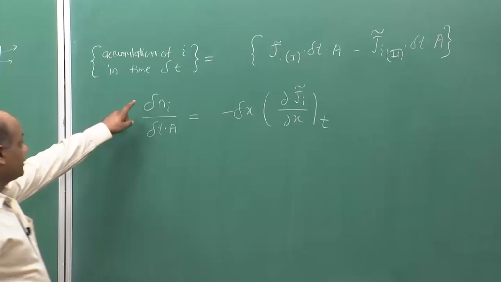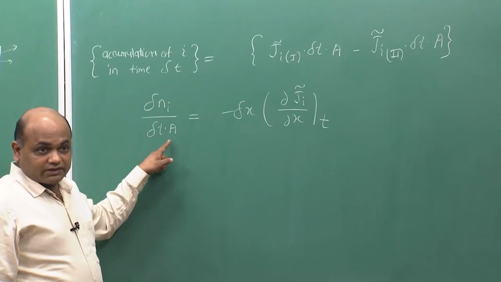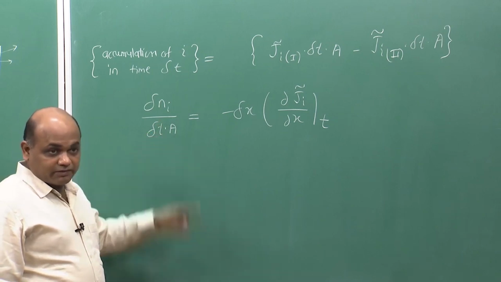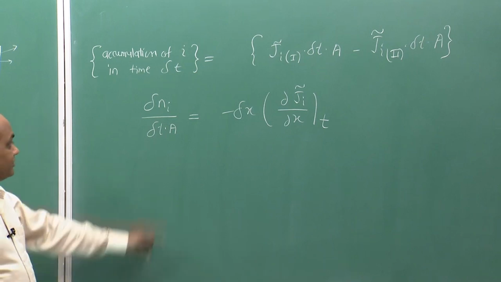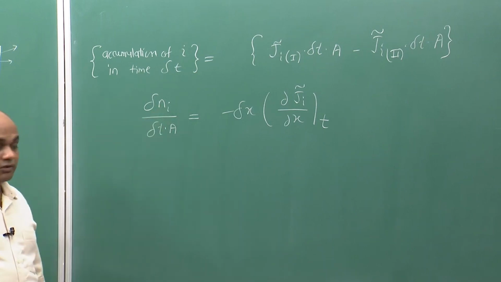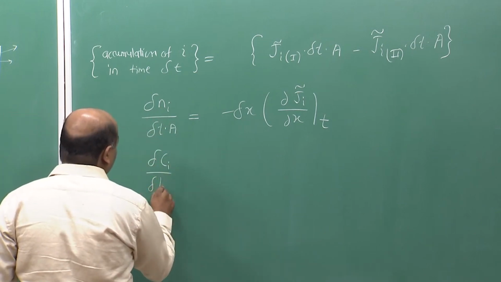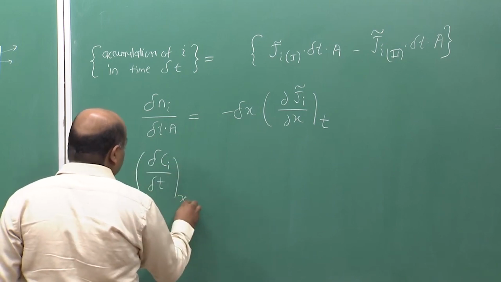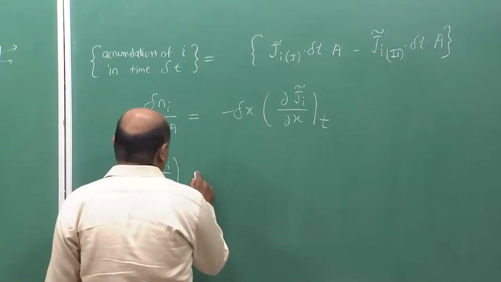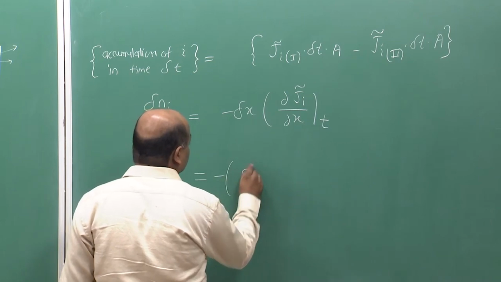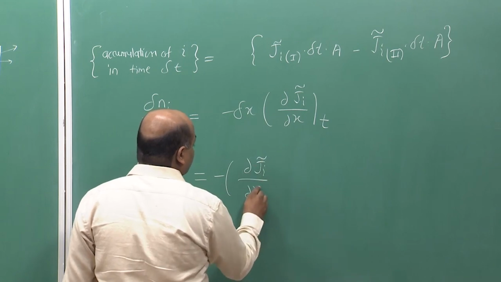So, delta n I by volume is nothing but the concentration in the units that we usually use, moles per centimeter cube or number of atoms per centimeter cube, whichever unit n I is expressed in. So, that becomes delta C I by delta t, and this I am considering at location x here, should be equal to minus dou J I tilde by dou x at t.